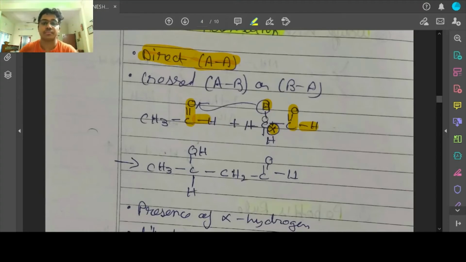So what happens is that this hydrogen moves here. There's a similar another compound which is waiting to be reacted. So this alpha hydrogen reacts with this oxygen, forming OH, done, and this CH2 remains, and a direct bond is formed.